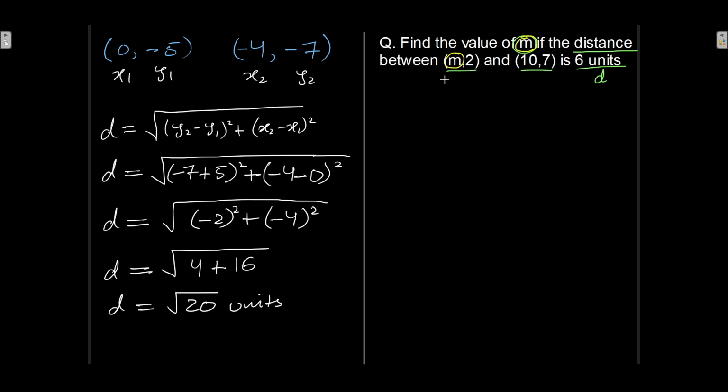So first things first, I label this as x1 and y1, and I label this as x2 and y2. And then, like we did in the previous examples, we just apply the distance formula. So distance d is equal to the root of y2 minus y1 whole squared plus x2 minus x1 whole squared.